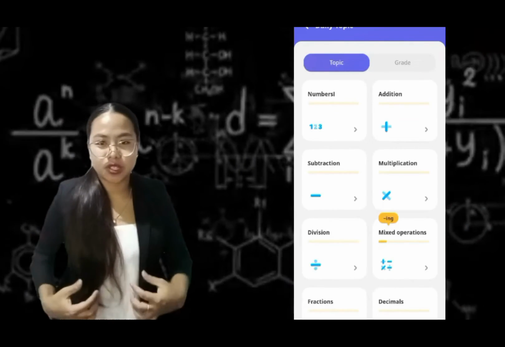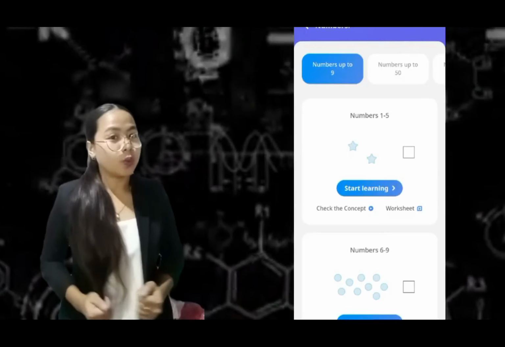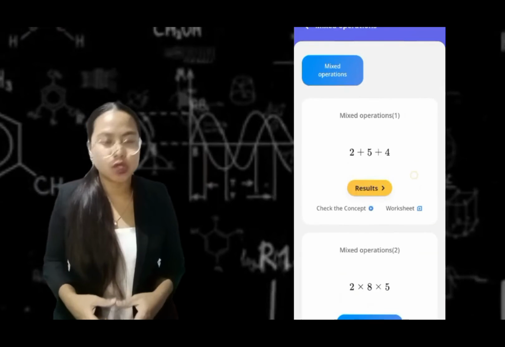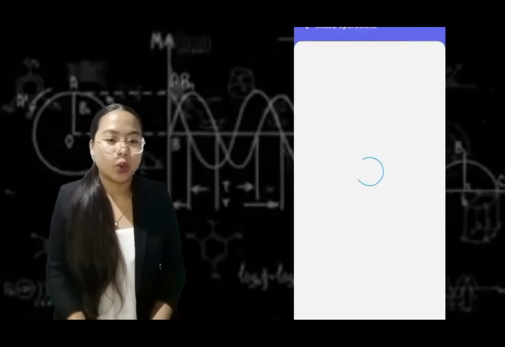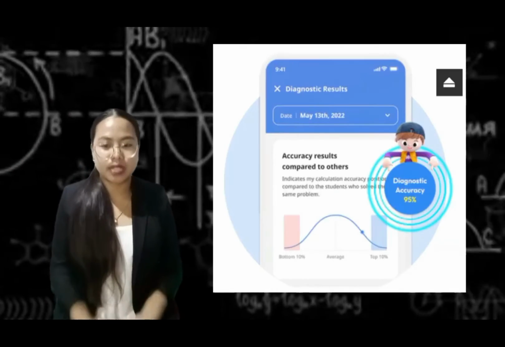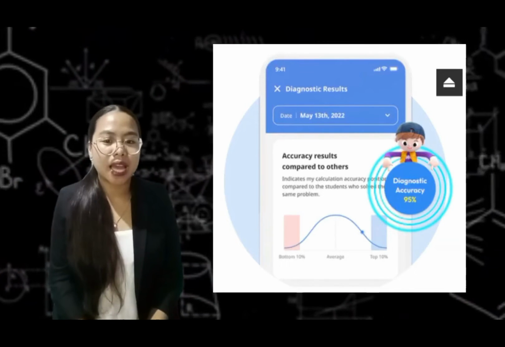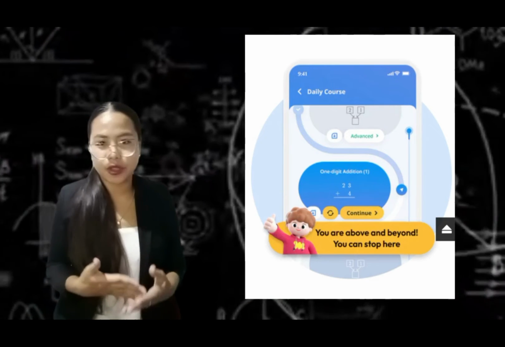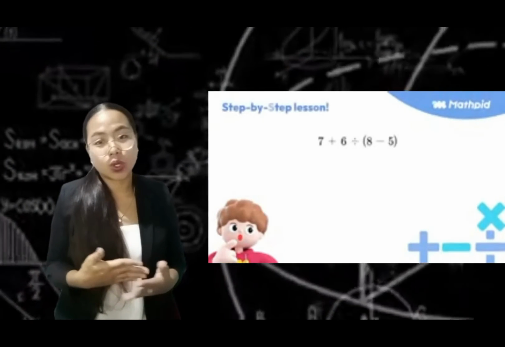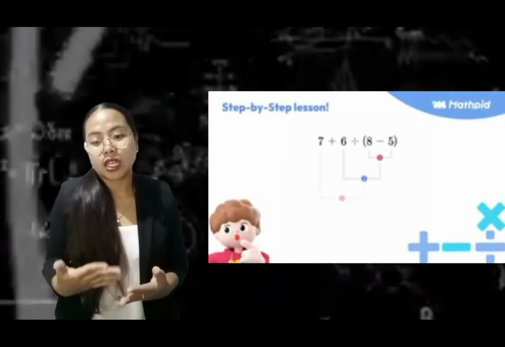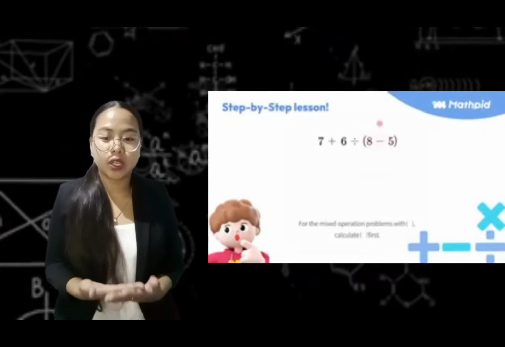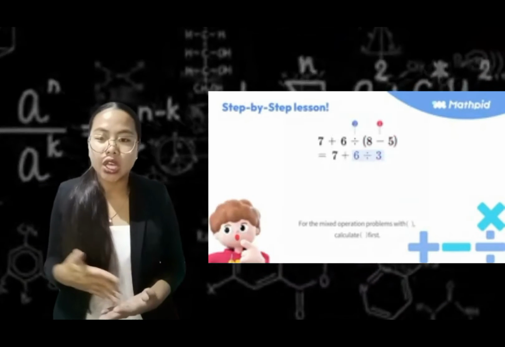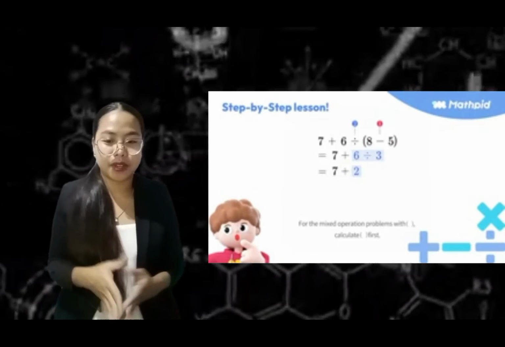AI diagnosis and analysis. Within 10 problems, MathPid identifies the student's math level with an accuracy of 95%. Personalized learning course. Students get their own learning courses, and 1:1 feedback by AI analysis is 24/7.